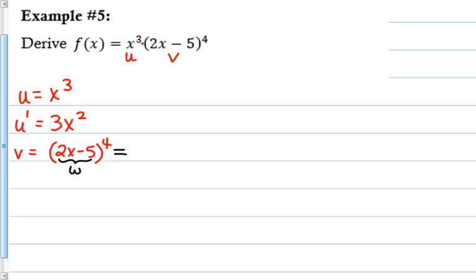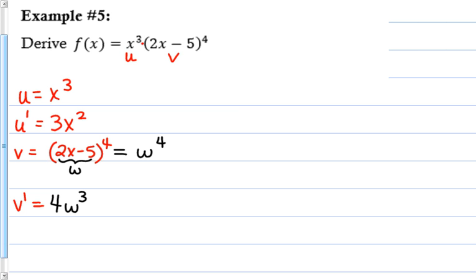You can call it whatever you want, I'm just used to w. The reason we're doing that is because this is a chain rule, and I don't want to call it u because we're already using u. I don't want you to get confused. So now v prime is the derivative of that function, which I decided to call w to the 4th power. The derivative of that is 4w cubed.